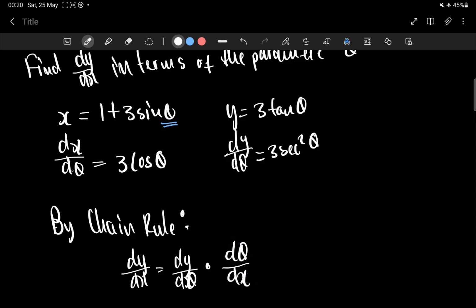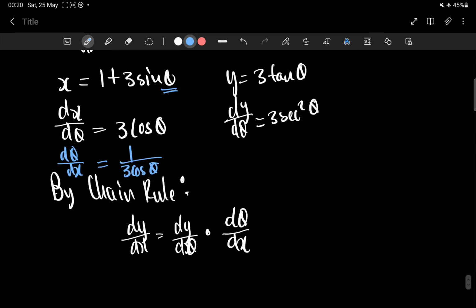And here, look at where the nice thing is. I have dx d theta, but I need d theta dx. So this is the most important part, which I had left: d theta dx will be just 1 over 3 cos theta. So you flip the left to become d theta dx.